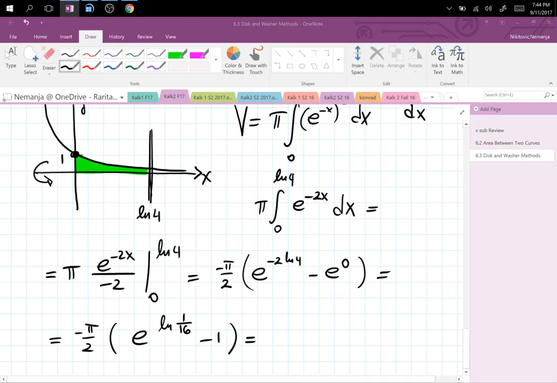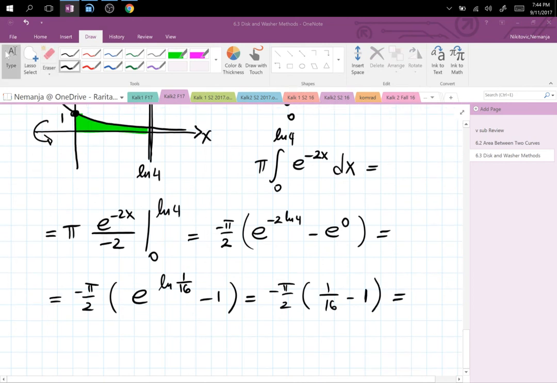Everything minus 1. Ln and e cancel, so this becomes negative pi over 2, and then you have 1 over 16 minus 1. That's going to be negative 15 over 16. So negative and negative die, so this is 15 pi over 32.